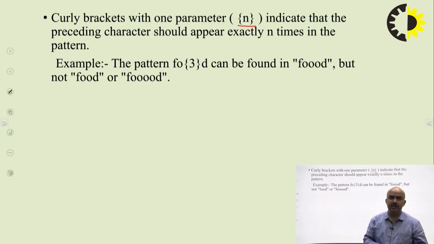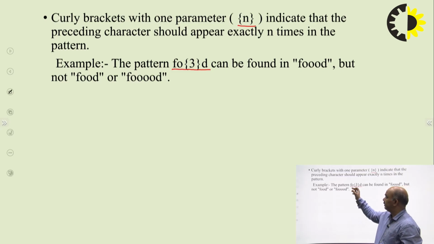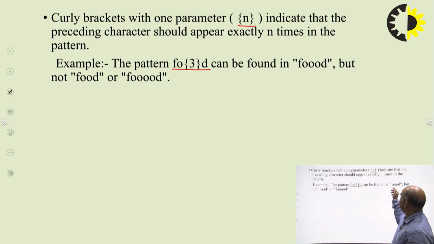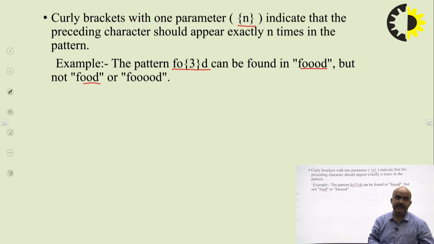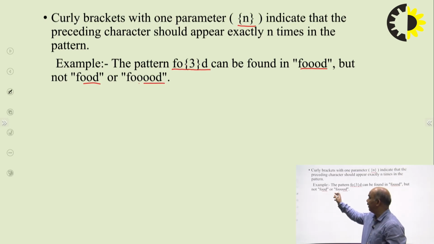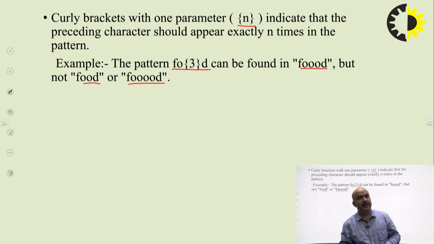Let's take an example here: FO with curly braces 3. It means the preceding character, O, must appear 3 times. Can you find it in this? Yes, but here it is 2 times, so the pattern matching fails here. And here we have O 4 times, so again that fails.